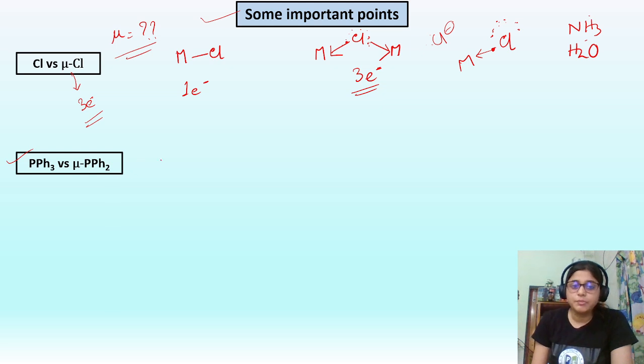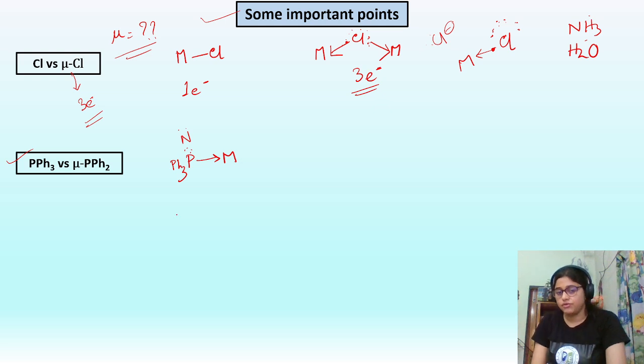Okay, so PPh3 we know, it is acting like a neutral ligand, and it is in the group of nitrogen, right? Nitrogen family, nitrogen, phosphorus. So it has one lone pair in it, so it can donate. But for further donation, it doesn't have any lone pair in it, right? Like the case of Cl.